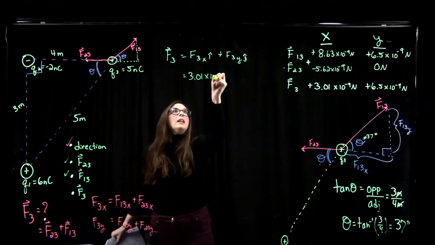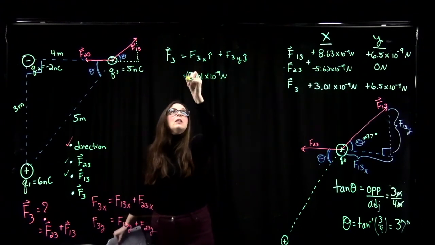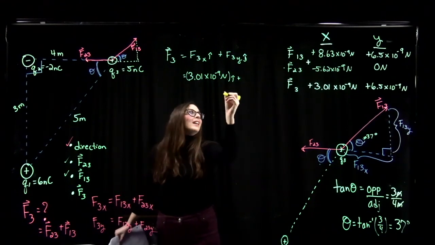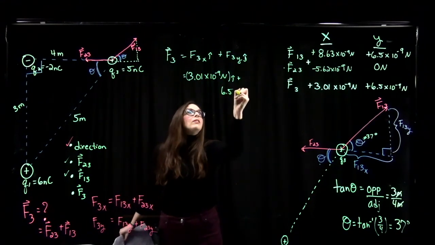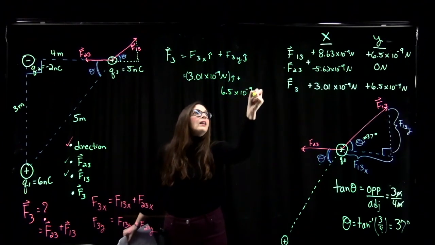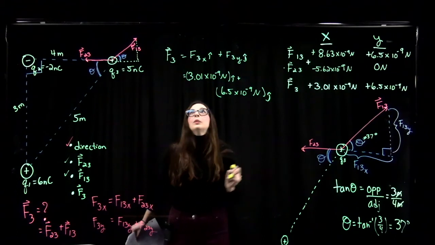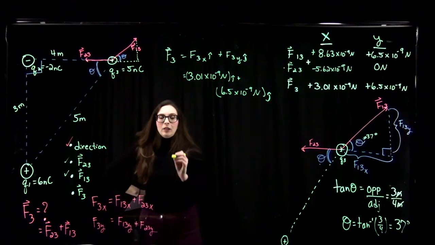And so that would equal 3.01 times 10 to the minus 9 newtons i hat plus, we're running out of room here, 6.5 times 10 to the minus 9 newtons j hat. Let's think about what that vector looks like.